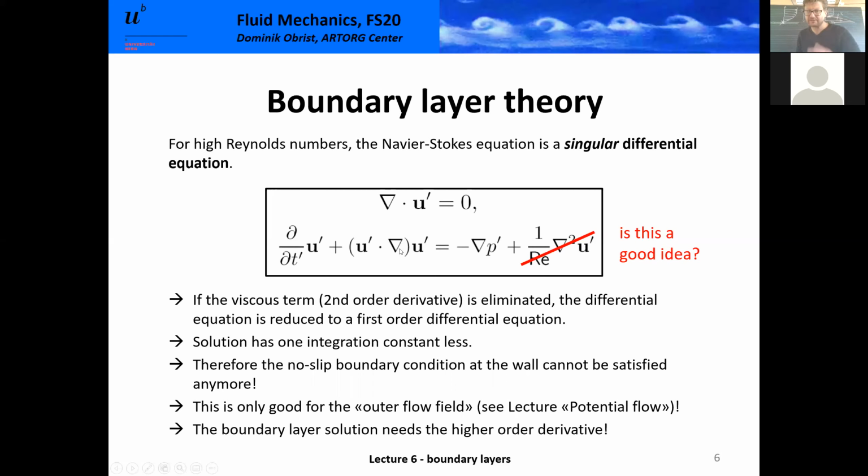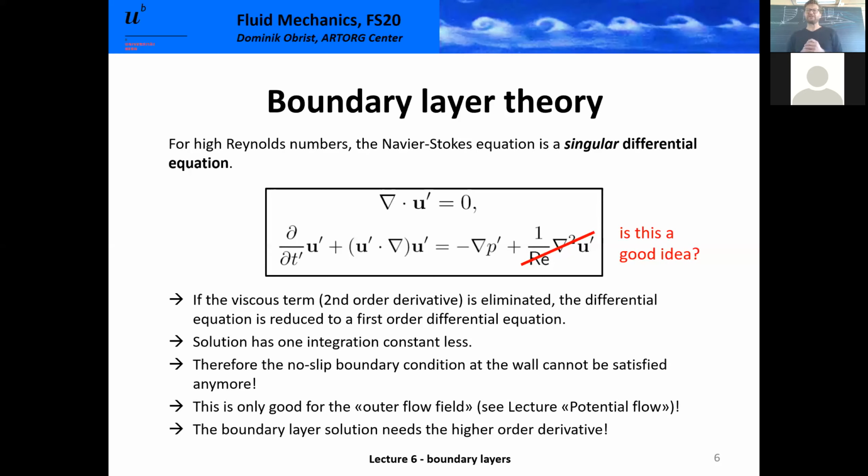The gradient operator is a first order derivative. And then we have the pressure term, again, a first order derivative. So by deleting this term, we make out of a second order partial differential equation in space a first order partial differential equation. If we reduce the order of a differential equation, one of the practical effects is that instead of two integration constants, we have only one integration constant.